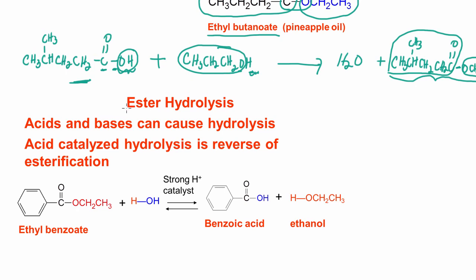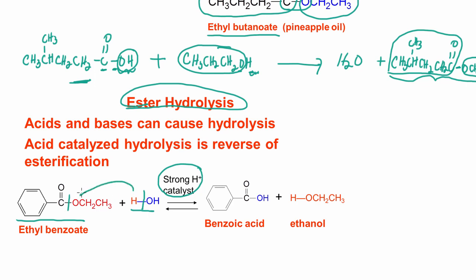Ester hydrolysis is another one that you need to know. So we start off with an ester, and we have water, a strong acid catalyst, and look what happens. This is just the reverse of esterification. So what's going to happen is this bond here breaks, and this bond here is going to break.